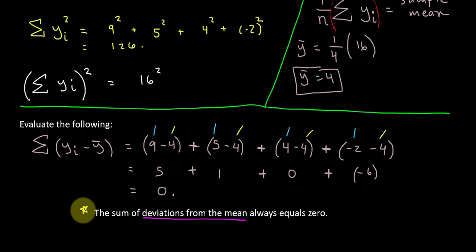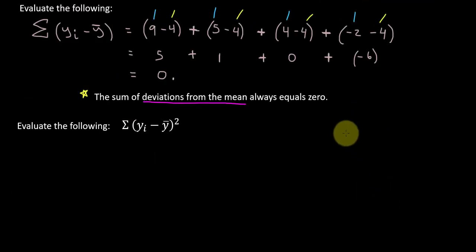Let's do this again. Let's evaluate another expression. This time I typed this in so that way you could see how crisp it can look. And here we're going to take the sum of the deviations from the mean, but this time they will be squared. So this is going to initially look kind of like what we've got up here.